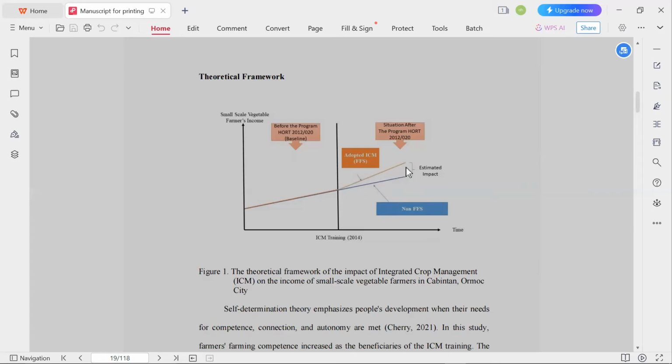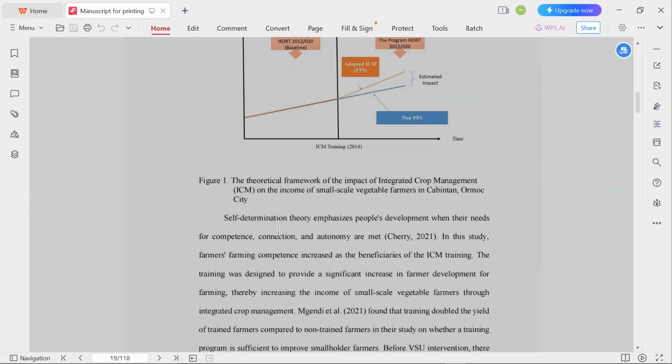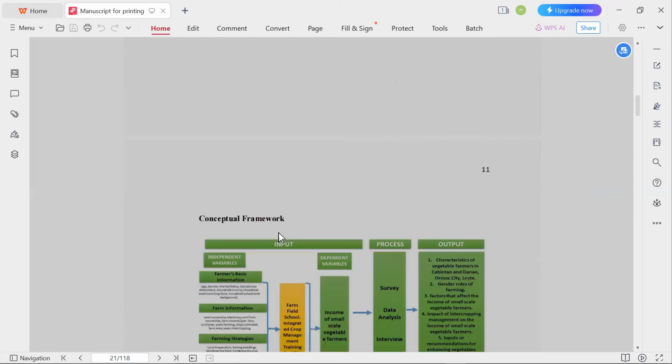So the difference between the farming field school and the non farming field school is what we call the estimated impact. So that is the theoretical framework.